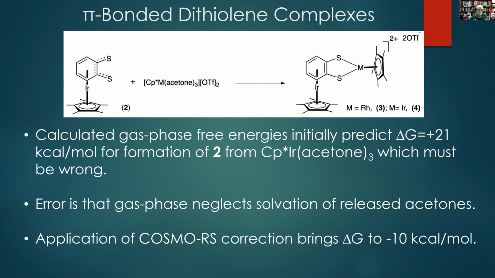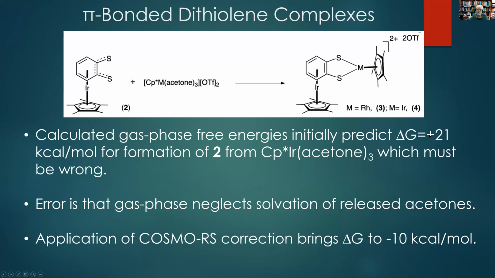And he was a little bit surprised that he was able to displace those acetone molecules to get this complex to form. In other cases, that doesn't work. And so we carried out the calculation to estimate, well, here's the energy of the structure with the dithiolene, here's the energy with the acetones, see which one is lower energy. And we clearly got the wrong answer.